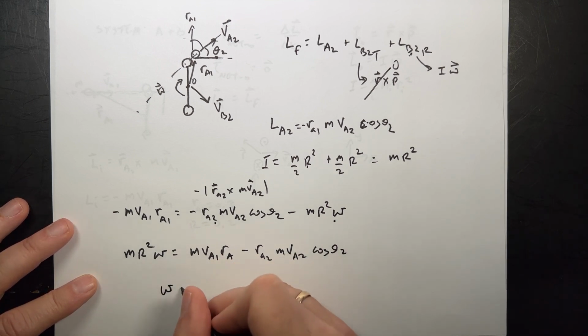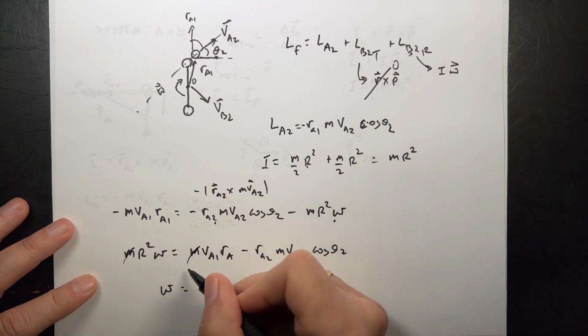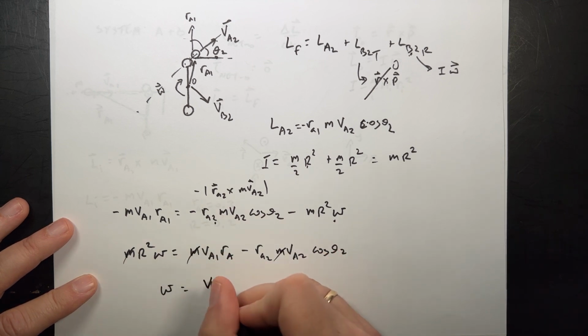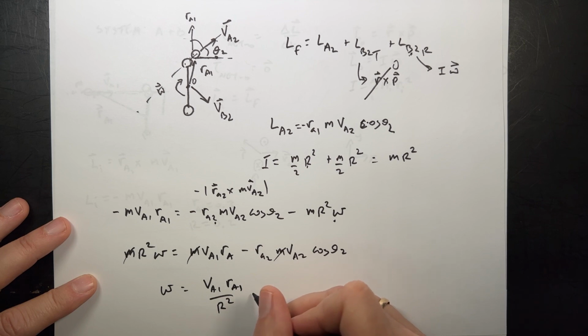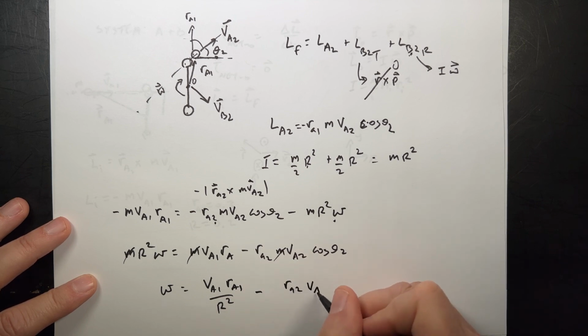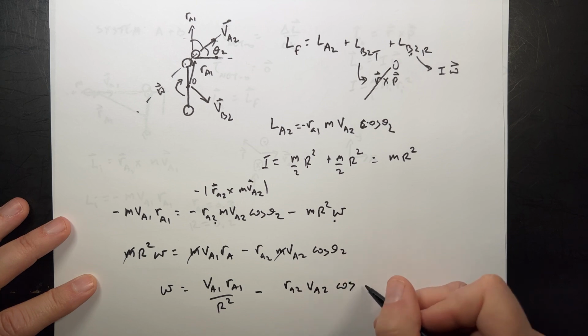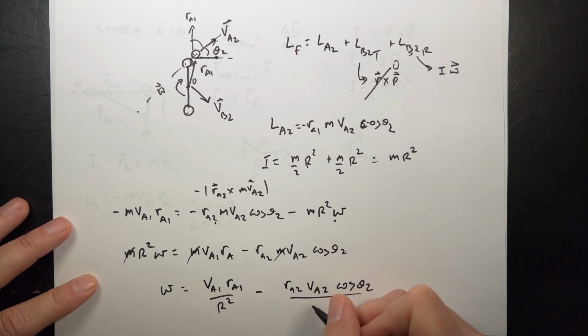So omega is going to be, the mass cancels, va1 ra1 over r squared, minus ra2 va2 cosine theta 2 over r squared.